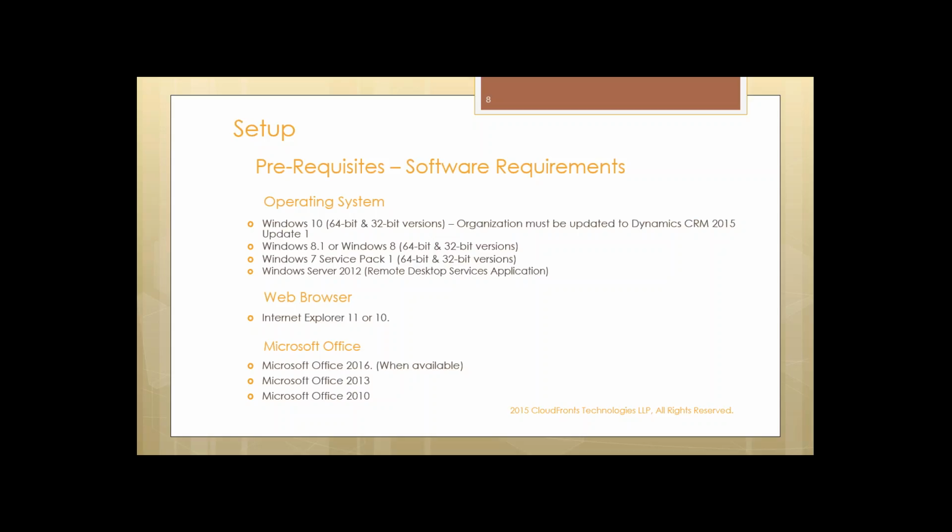And with Windows Server 2012, if you want to access it using Remote Desktop Service application. Also, you will need Internet Explorer 11 or 10. And Microsoft Office 2016 is also coming up, so once it's available, it will be compatible with that as well. And you can use Office 2013 and 2010. So these are the software and the hardware requirements.